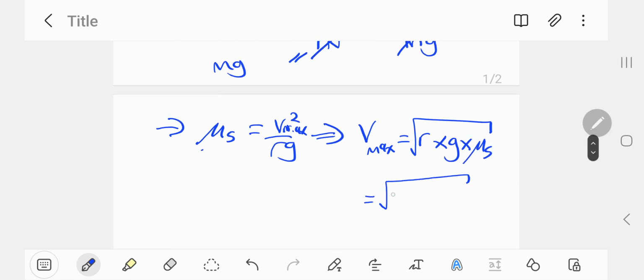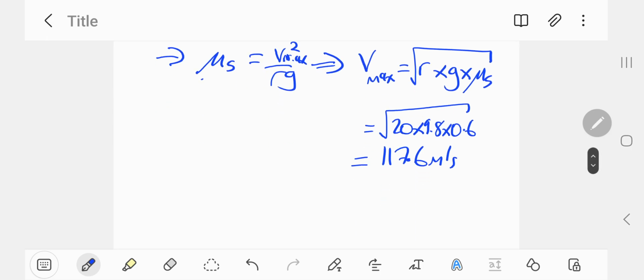Putting in the numbers, r is 20 in the question, gravity we'll take to be 9.8, and the coefficient of static friction in the question is 0.6, and that's roughly 117.6 meters per second. That's the max speed that the car can turn safely without sliding.